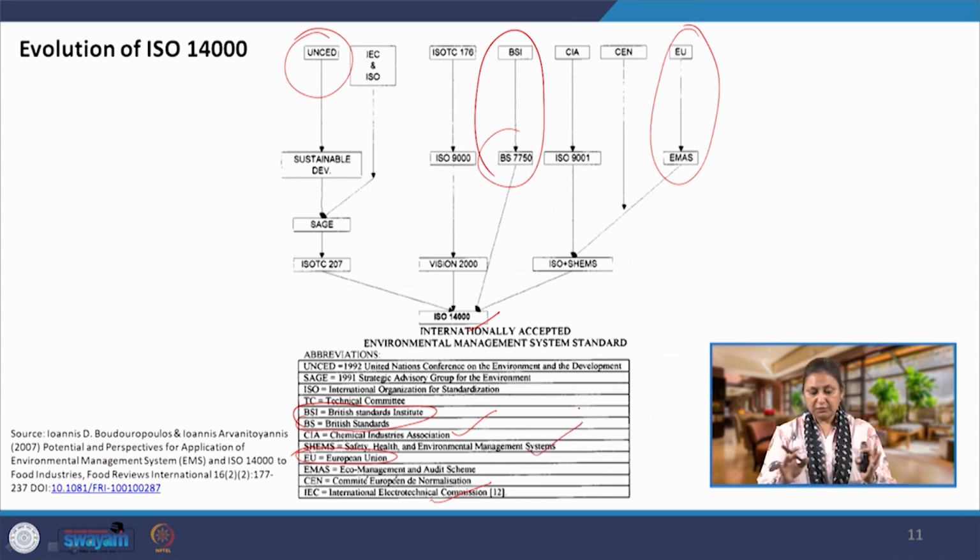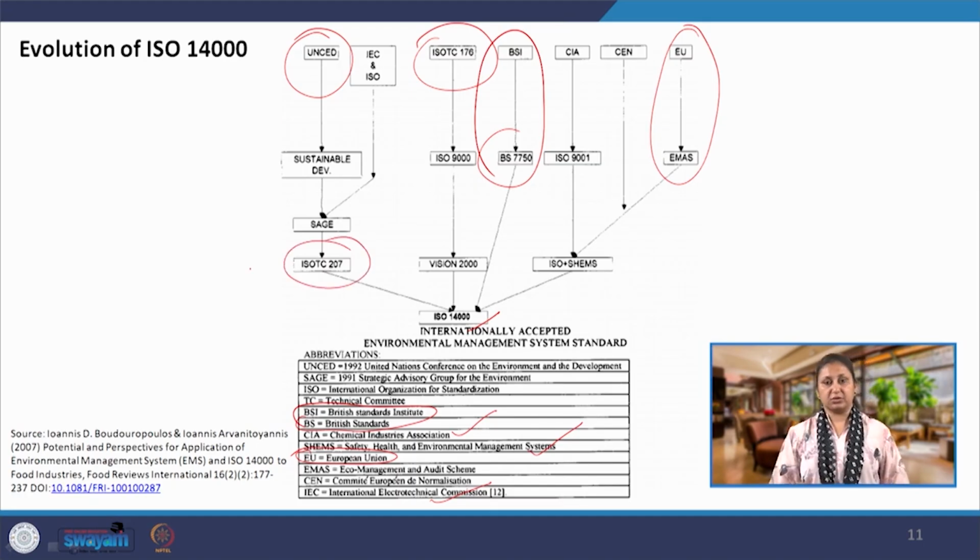So, a lot of these organizations came together, and the technical committees of ISO as an organization were already existing, and the technical committees of different codes within ISO came together to develop ISO 14000. This is how ISO 14000 developed, through contributions from different existing ISOs.